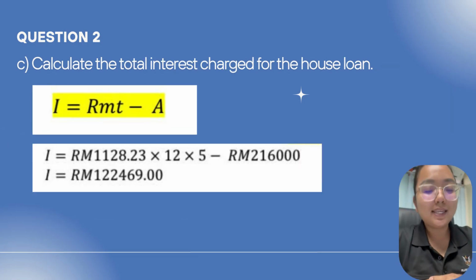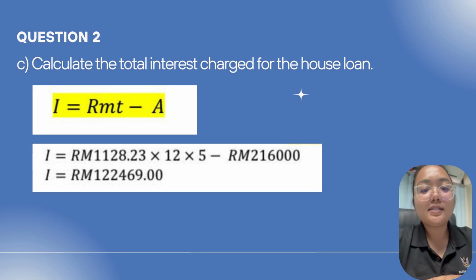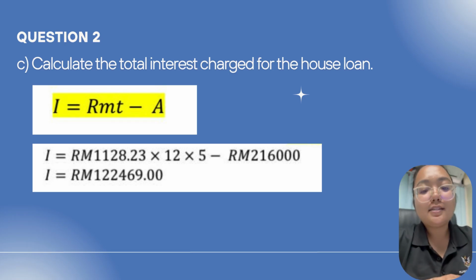For question 2C, calculate the total interest charge for the house loan. So the formula used is I equals RMT minus A. R is the periodic payment, M is the compounding frequency, T is the time, and A is the present value.